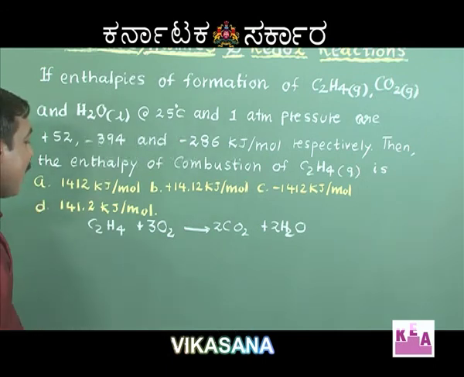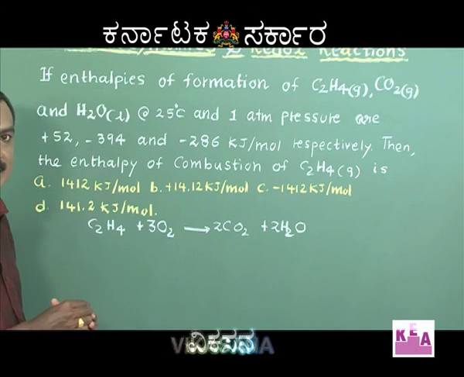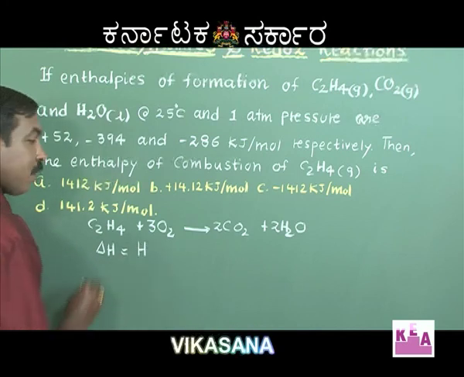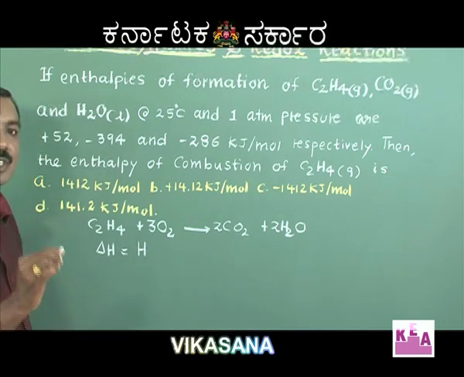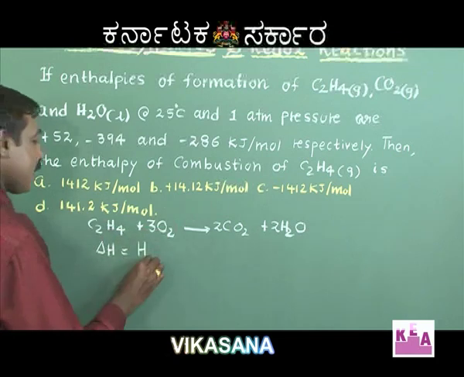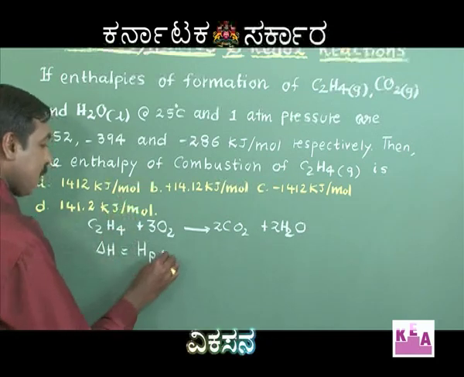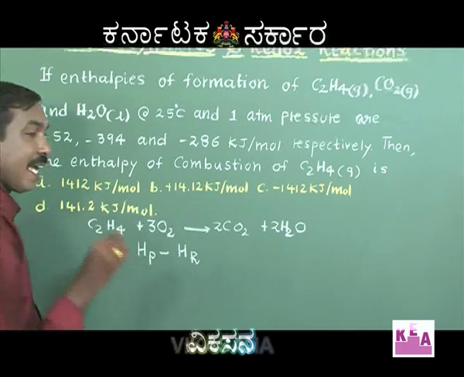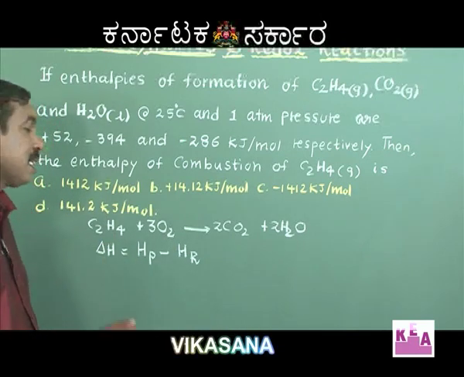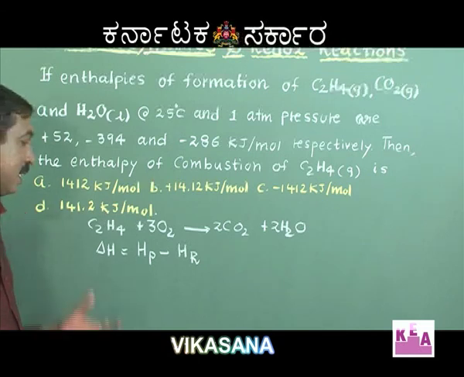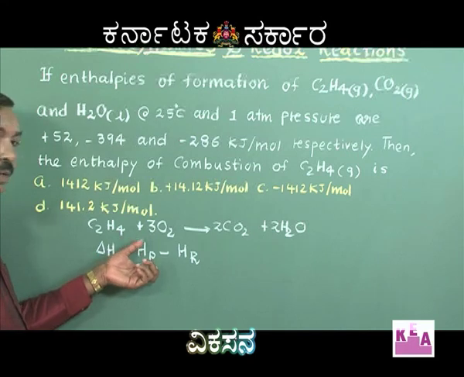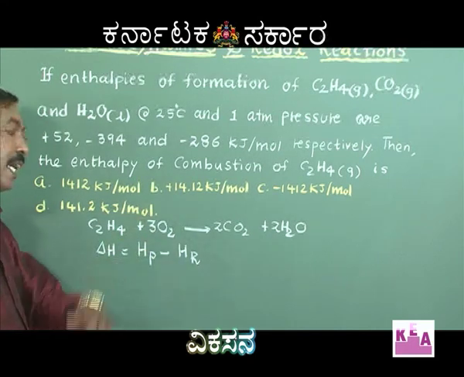Now, to calculate the enthalpy change for this, I have to apply the formula. Enthalpy change delta H is equal to the summation of the energy changes that take place in the products minus the summation of the energy changes that take place in the reactants. That is, delta H is equal to the summation of the enthalpy changes in the products minus that of the reactants.